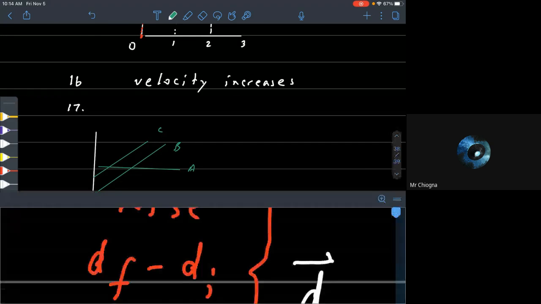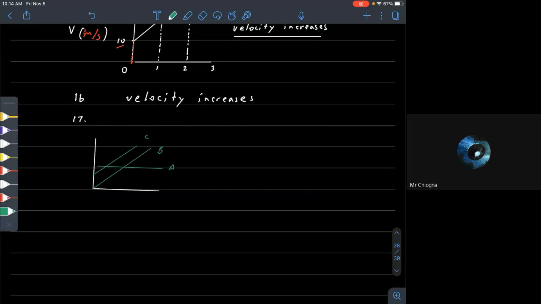Okay, so how does that translate to a velocity time graph? Right, this is D versus T. This is V versus T.